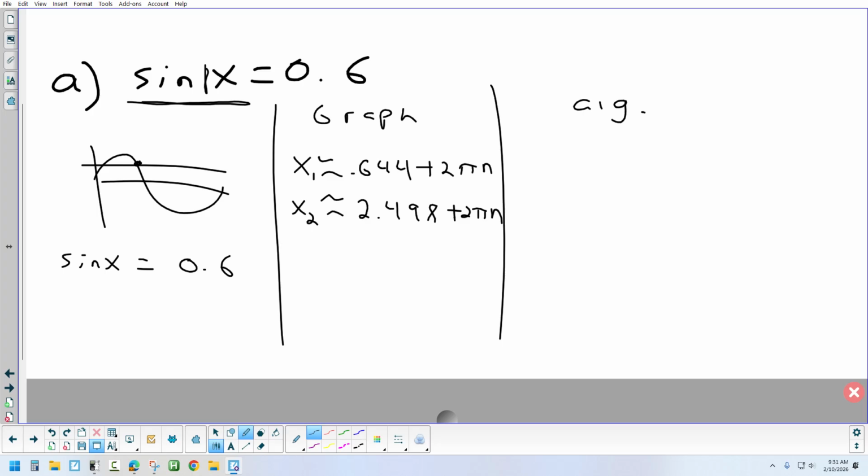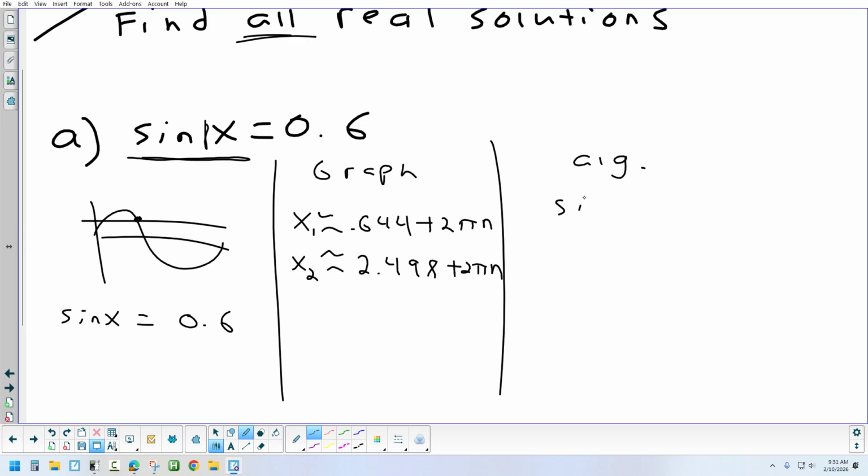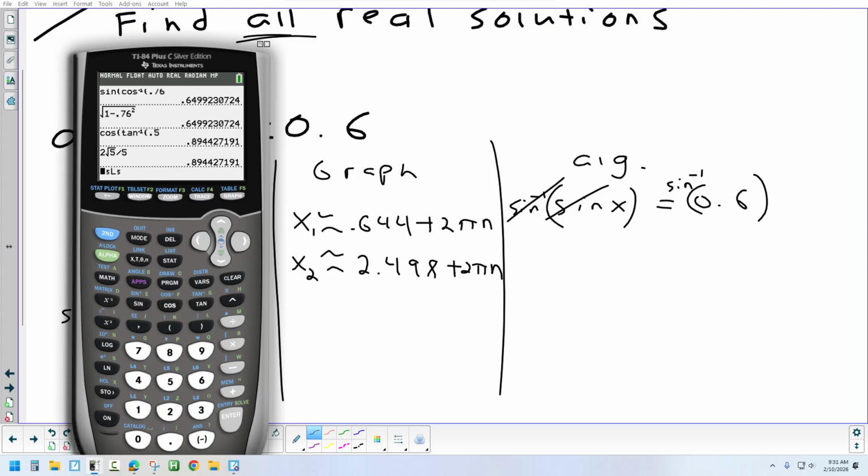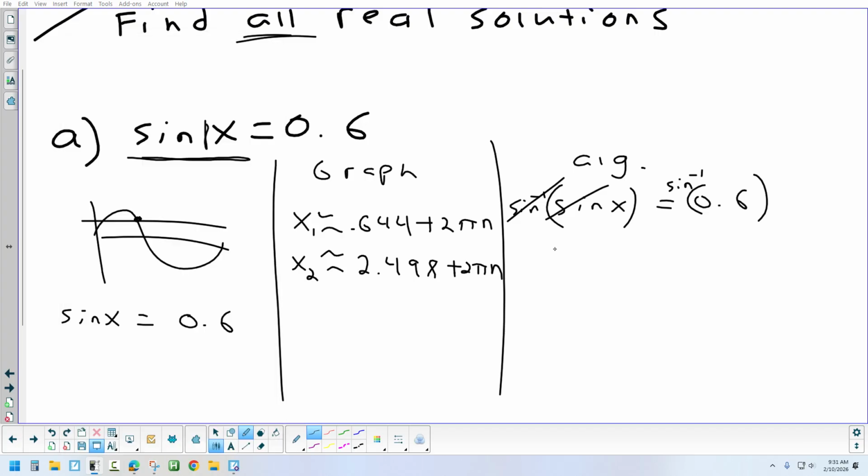Take the inverse sine. Yeah, actually, let me put it over here. Take the inverse sine of what's on the left, inverse sine of what's on the right. Second, inverse sine, 0.6. I actually think that's faster than graphing. 0.644. That's my first answer, and that's exactly what I got right there. 0.644.